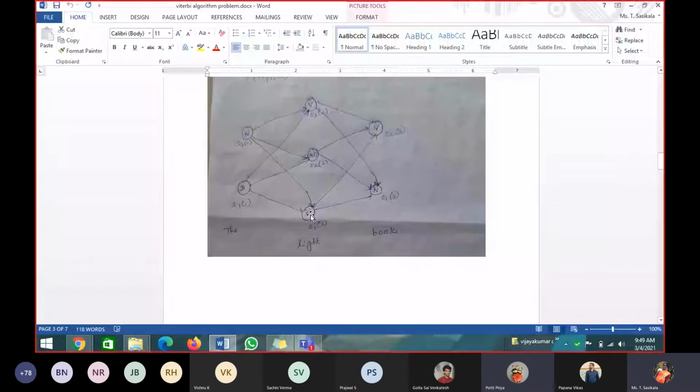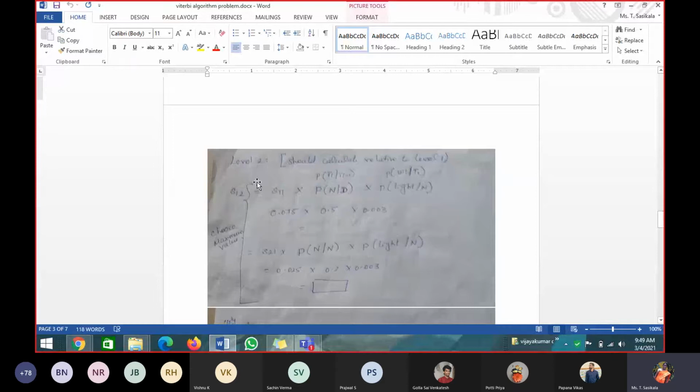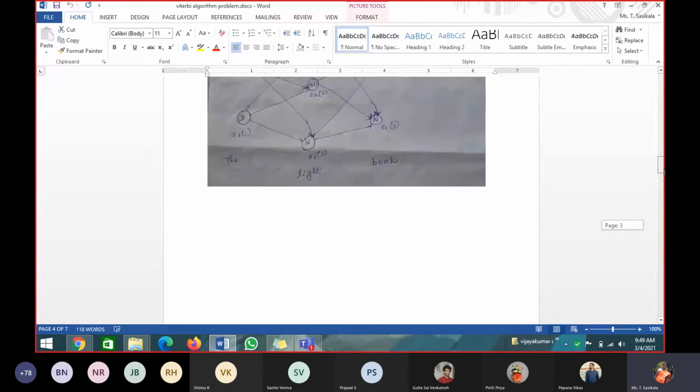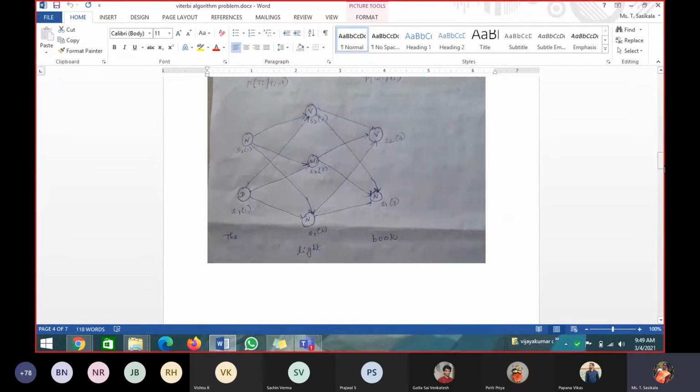Okay, so what you have to do is, you take first level 2. In that level 2, you take first S12 alone. For S12 only 2 combinations I have. What are the 2 combinations? S11 and S21. So first I'll solve S11. So S11 into, can you tell me the word transition probability and tag transition probability for that S11 combination?